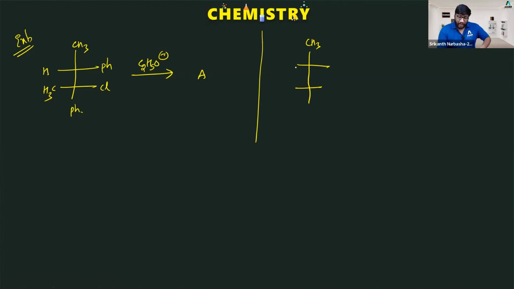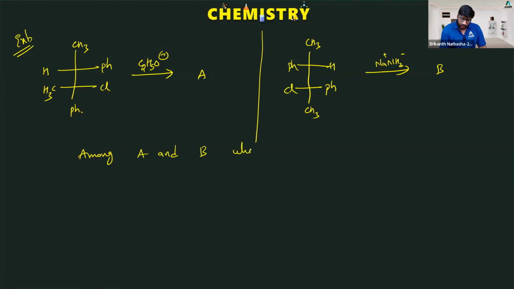Treating with NaNH2, Na plus NH2 minus, we get B. Among A and B, which boils first?